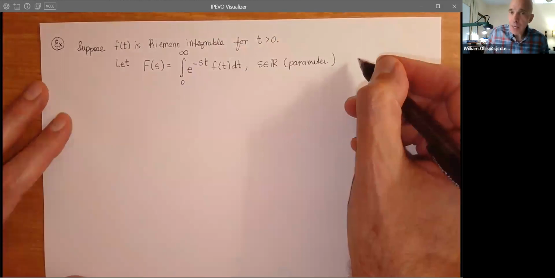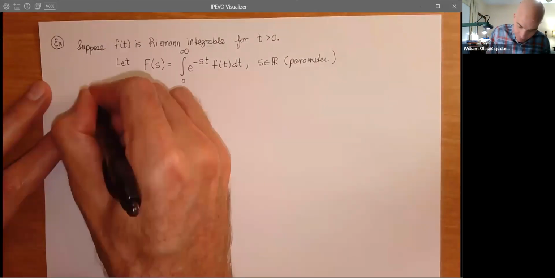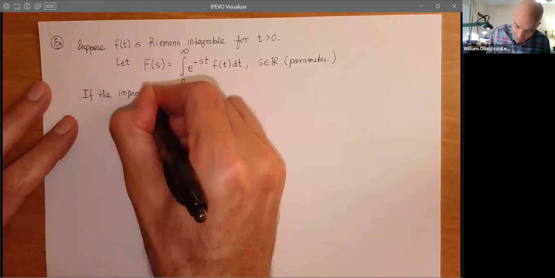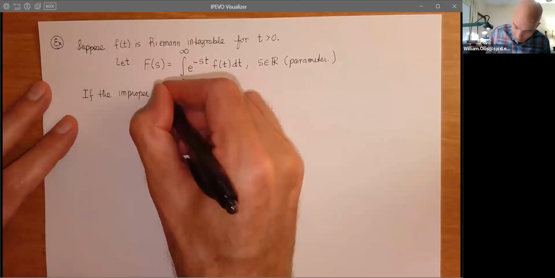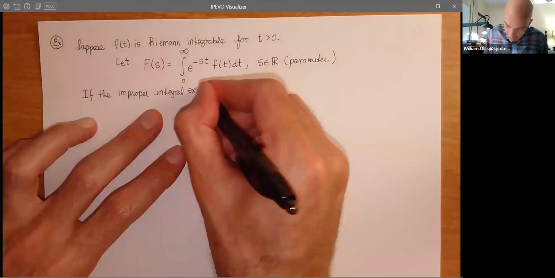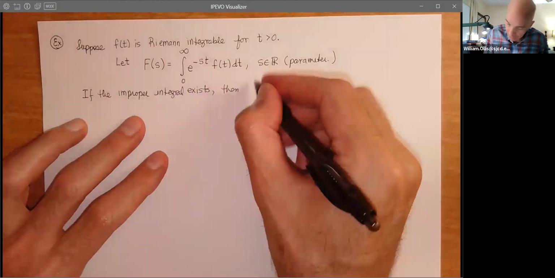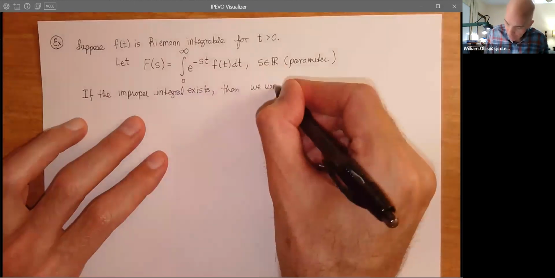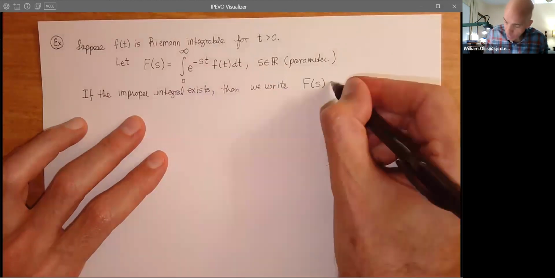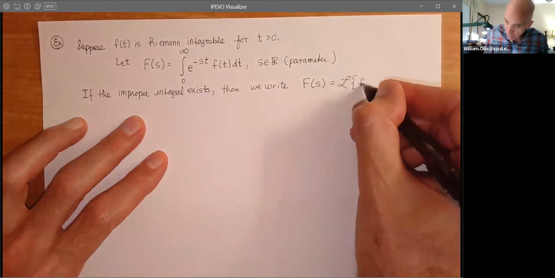So if the improper integral exists, then we write F of s equals, and this is the L is for Laplace transform, L of f of t.